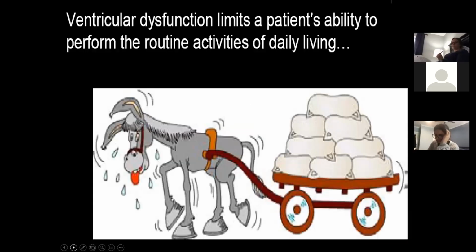So I in no way am calling our patients donkeys, but there is this donkey analogy about heart failure. So here is what typically looks like a decompensating heart failure patient.